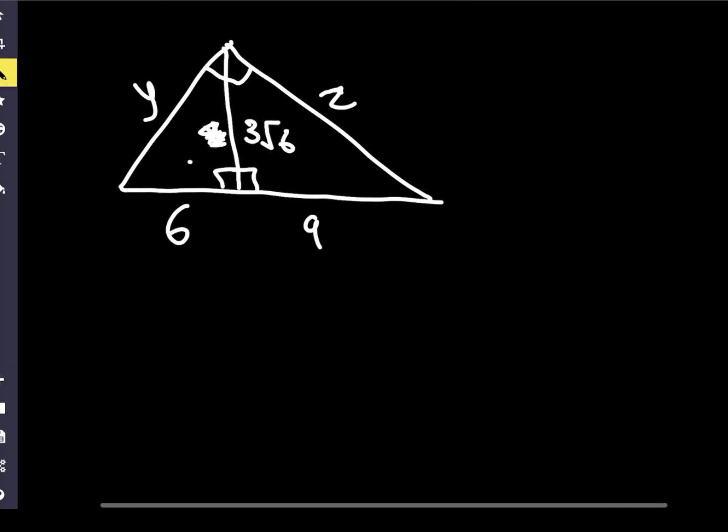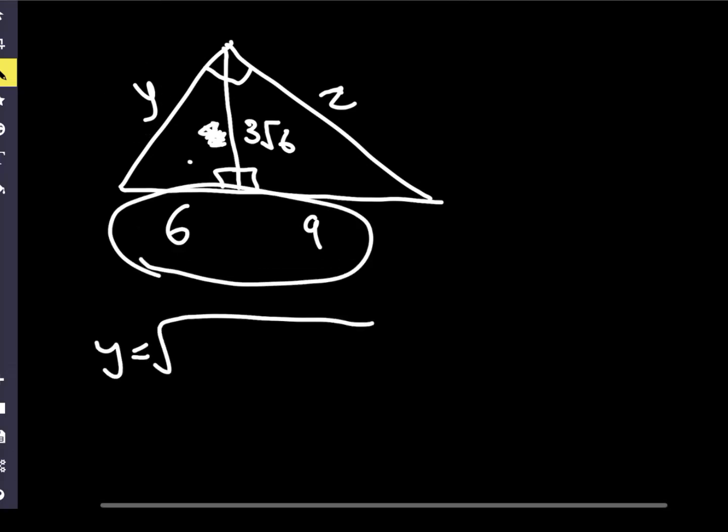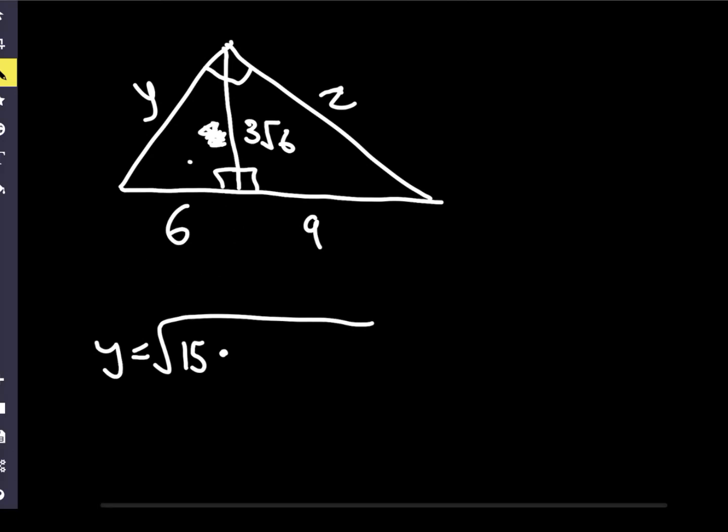Now, we know that the geometric mean of Y is equal to this whole thing, okay? So this is going to be the whole thing. So 6 plus 9, that's 15, times the adjacent side, aka the part that's on the triangle. The 6 is the part that's on this triangle, which means this is going to be multiplied by 6.